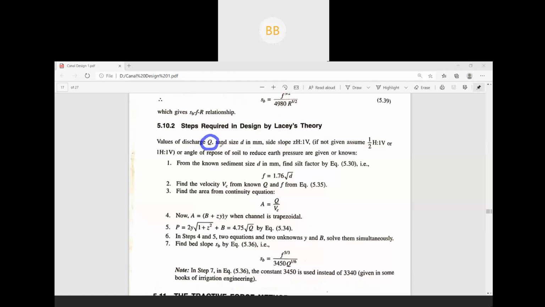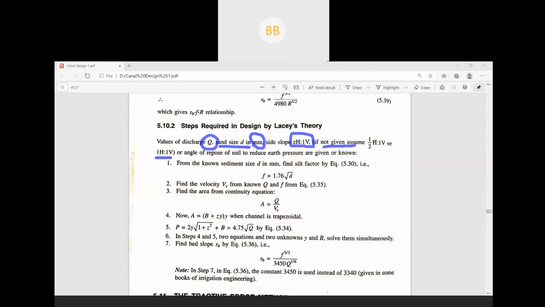Then we need the bed material, or you can say sand size of the bed material, and always remember it should be in mm. So we need discharge, then size of the bed material in mm, then side slope, one vertical to z horizontal.